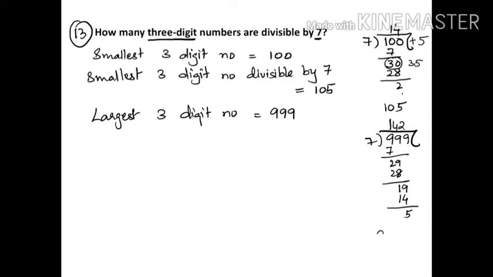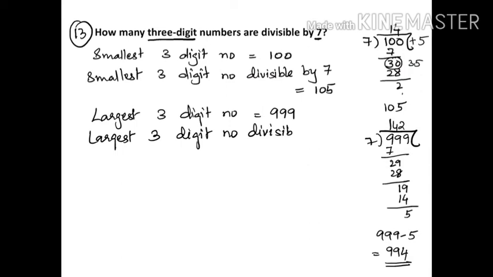That means if we subtract 5 from 999, then the difference 994 will be exactly divisible by 7. So, largest 3-digit number divisible by 7 is 994.